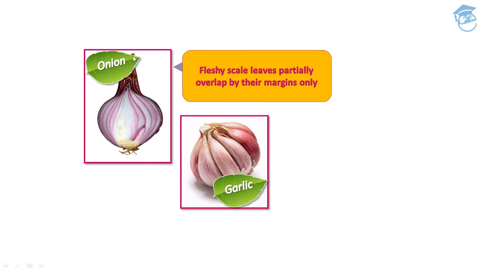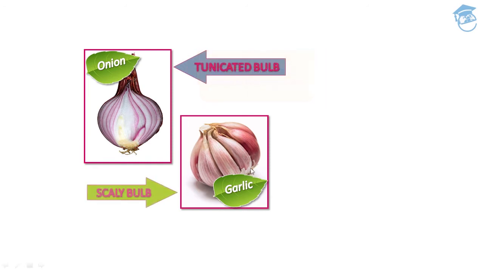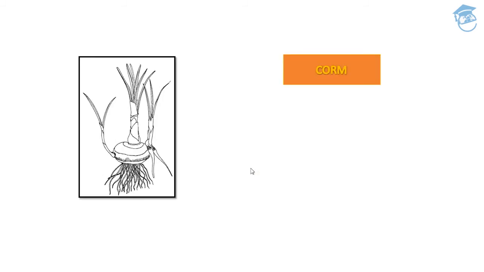In case of garlic, the fleshy scale leaves partially overlap by their margins only. See, this is the dorsal margin, and this is the ventral margin, and it is called scaly bulb.